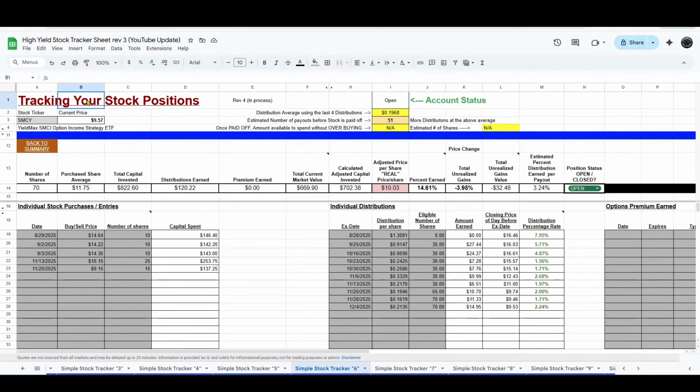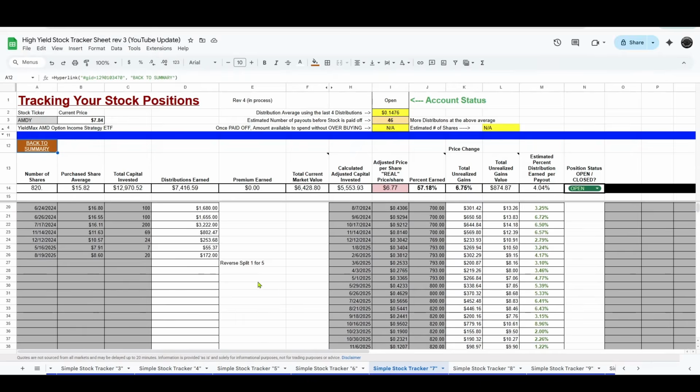And with the current price of $9.57, I'm getting even closer. I'm only 3.9% over the current price of SMCY. So I'm working to get it closer and closer, and eventually I'll be looking to pass it and be under that price so that this one too can be green and working toward that paid off status.